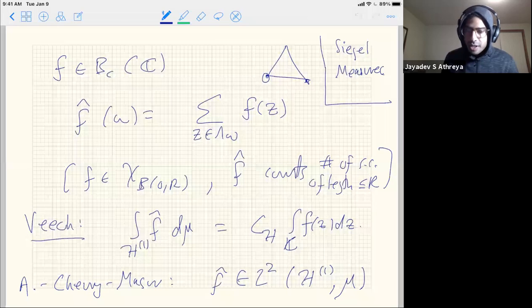It's in L1 of this moduli space of translation surfaces, and you can actually compute the integral. And then, briefly mentioned at the end, the result that I proved with Cheung and Masur, that not only does this thing have finite expectation, it has finite second moment, that it has finite variance.